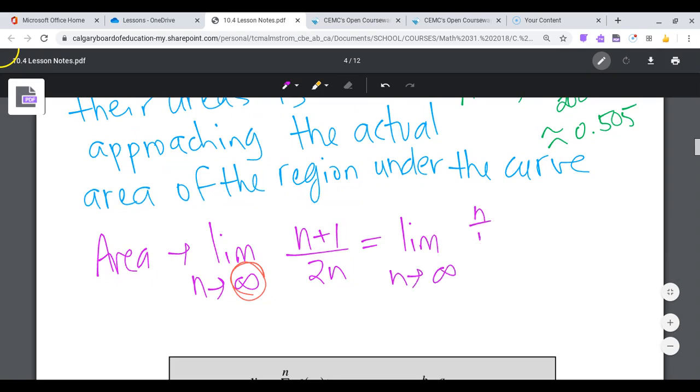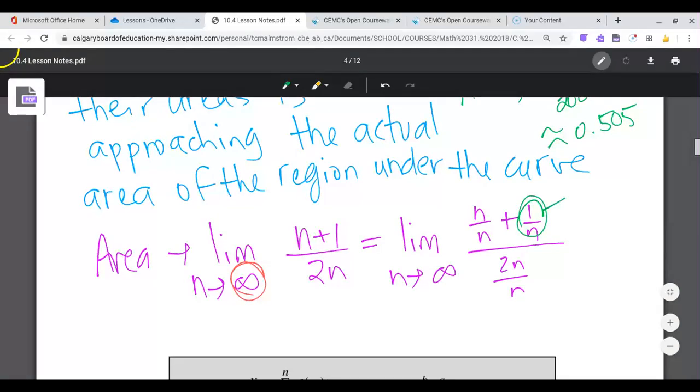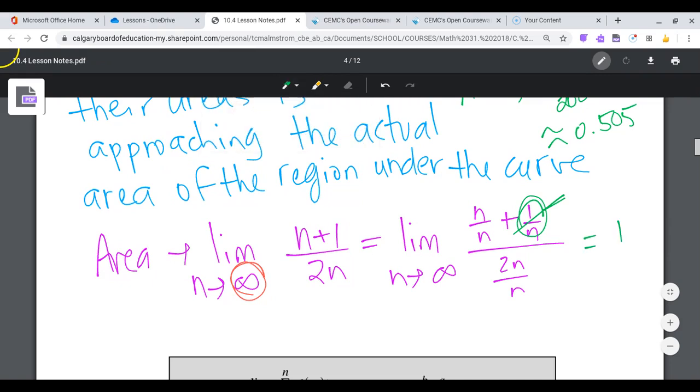So it's n/n + 1/n over 2n/n. And hopefully you remember, as n gets infinitely big, this guy's going to go to 0, so he goes away. And then I'm left with n/n, which is 1, and 2n/n. So I'm left with 1/2, which is the actual area that we calculated at the very beginning of our geometric shape. So the limit becomes the area under our curve.